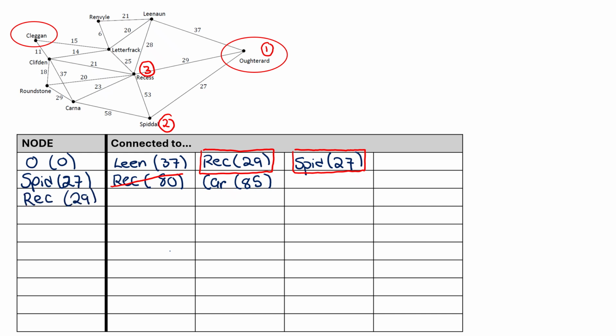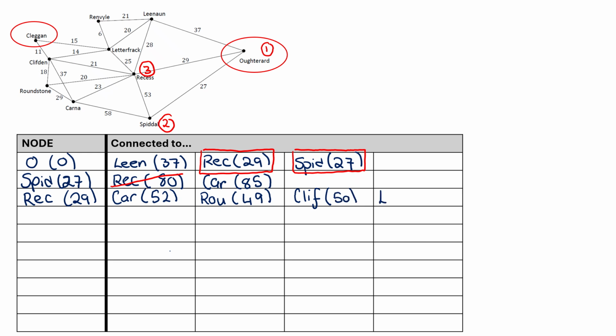Then, where does that connect to? It's quite a lot. We have Karna again, which is 29 plus 23, giving us 52. It also connects to Brownstone, which is plus 20. It connects to Clifton, which is 21.